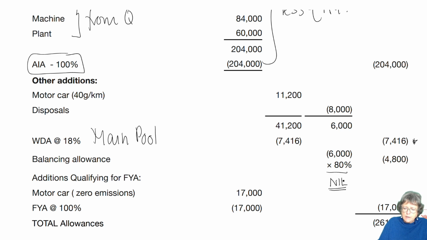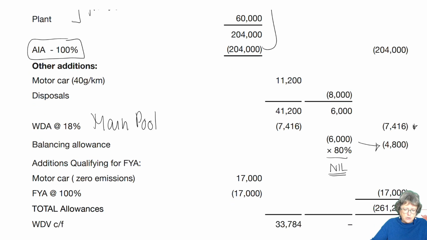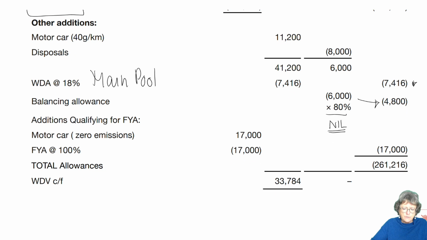But we can only claim 80%. So obviously that is what we've claimed in the end column. And then we have a special car, the 0 emissions car, we can claim 100% on. Add everything up, finish your computation off, and make sure that it looks nice and neat and well finished.